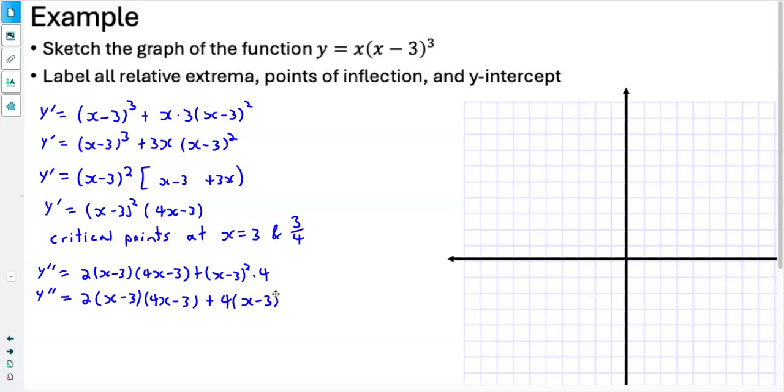Once again, both terms have x minus 3 in them, so we'll factor that out. We can also factor a 2 out of both those terms.